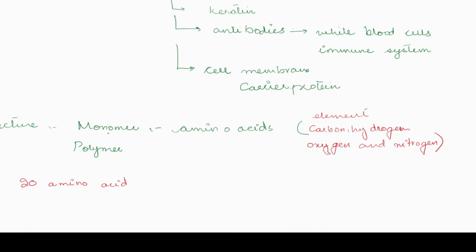These 20 amino acids are joined in different sequences to have different proteins. There are hundreds of enzymes in your body, but all enzymes are different because their structure is different, because the order which they follow is different. It may be ABCD, it may be ACABD. So different sequence of amino acids means different protein.